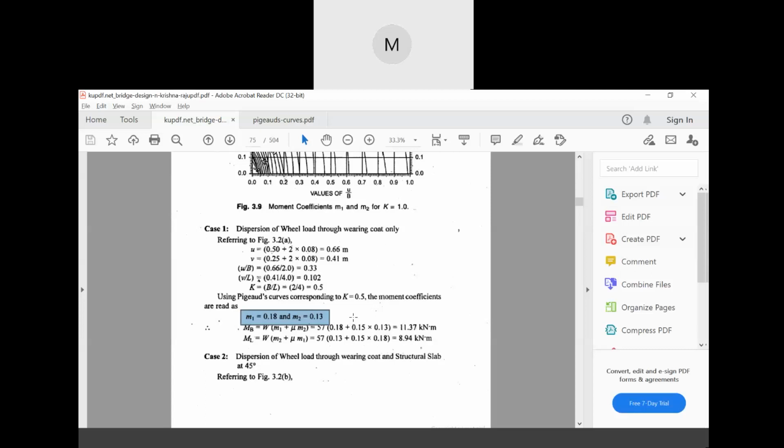Good. So now if you see, we'll have to find out MB and ML. Now what is this MB and ML?